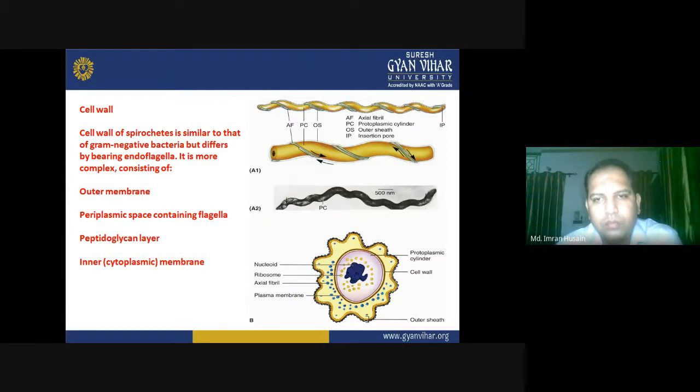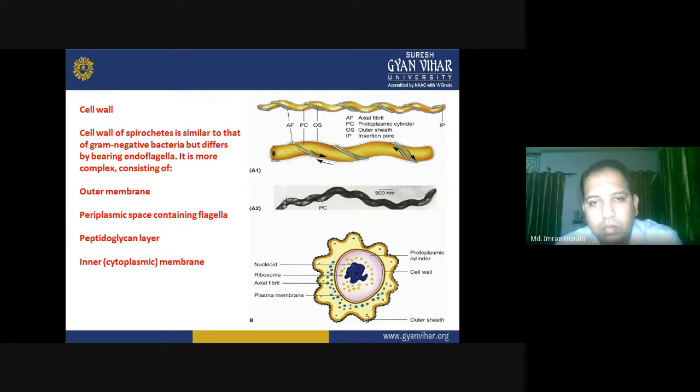Cell wall. The cell wall of spirochete is similar to gram-negative bacteria, but differs by bearing endoflagella. It is more complex, consisting of outer membrane, periplasmic space containing flagella, peptidoglycan layer, and inner cytoplasmic membrane. Here you can see the axial fibril, protoplasmic cylinder, outer sheath, and insertion pore.